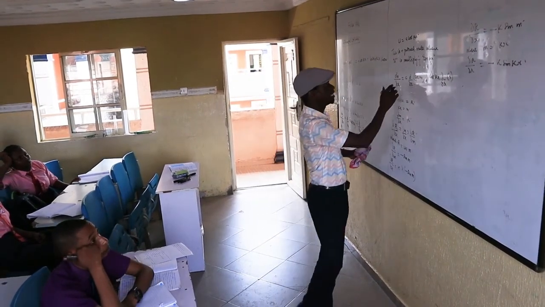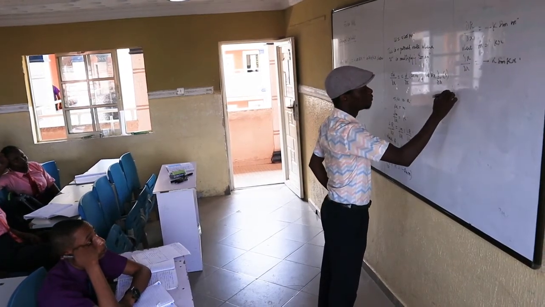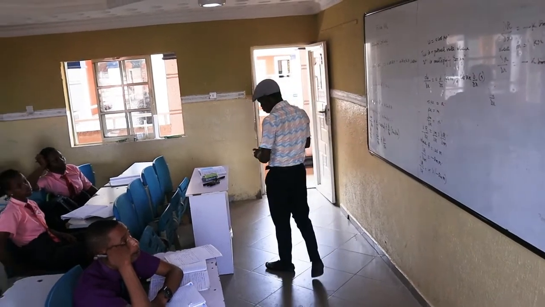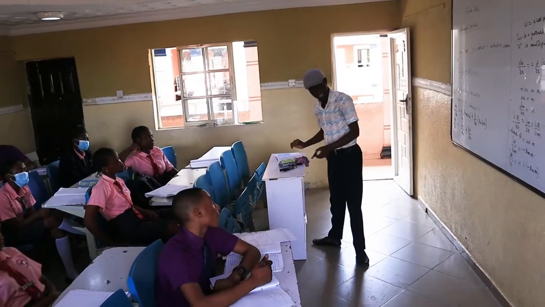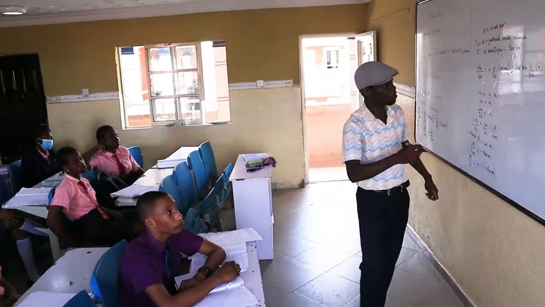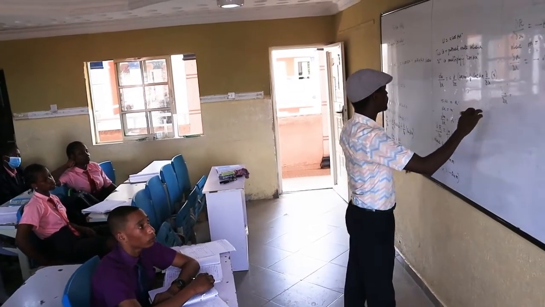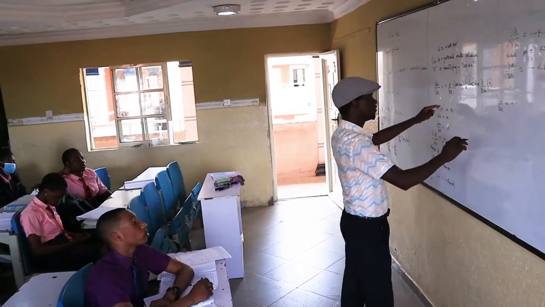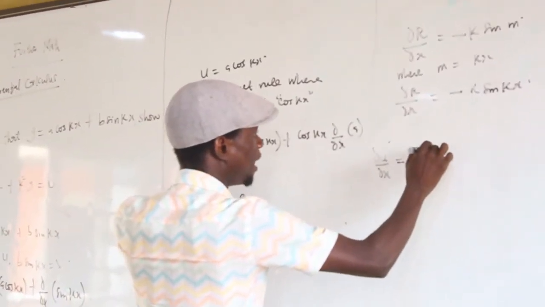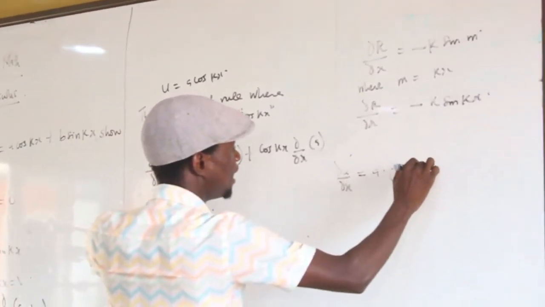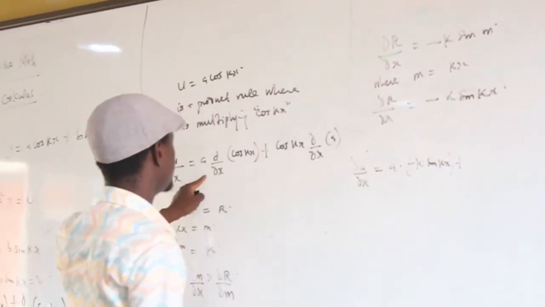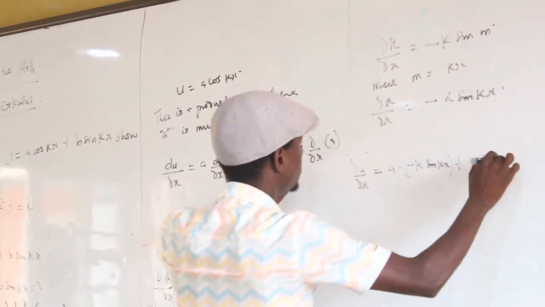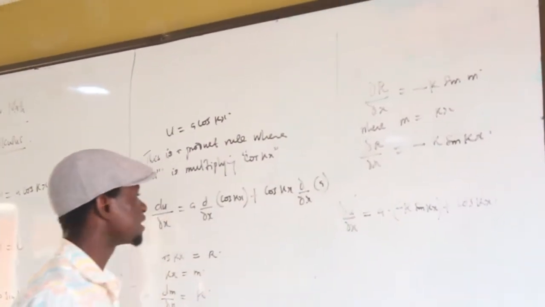So we can now rewrite this one, du/dx. Because this is where we are going to stop, then you will do the remaining differentiation. Then we'll come back to it. It's now equal to what? A times minus k sin kx plus cos kx times dA/dx.